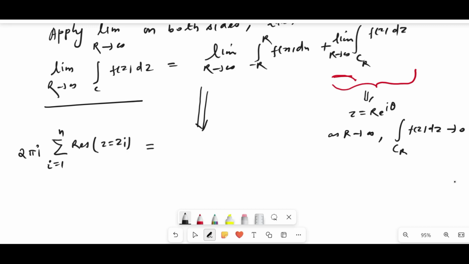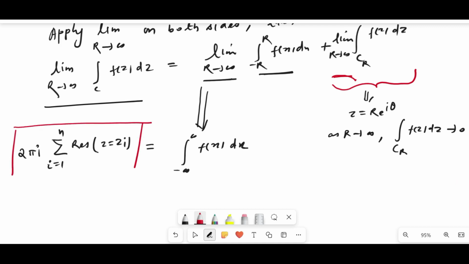This will be equal to, when I take r tending to infinity, the integral from negative infinity to infinity of f of x dx. So in the last, this value will be the required solution of the given integral.